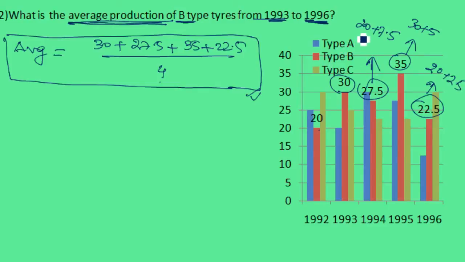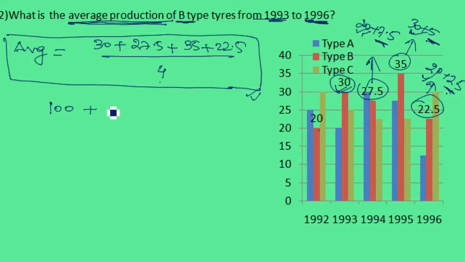Just try to add the tens values first, that is 30, 20, 30 and 20. So we get 50, 70, 20, 50, 50, 30, 80 and this 20, 100. Further this part can be added: 7.5 plus 2.5 is 10, and this 5, 15.